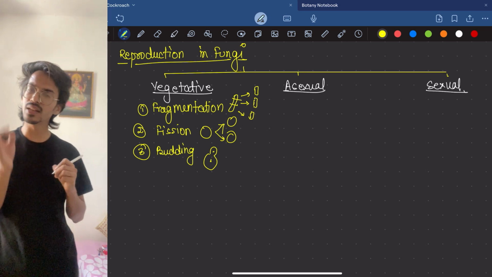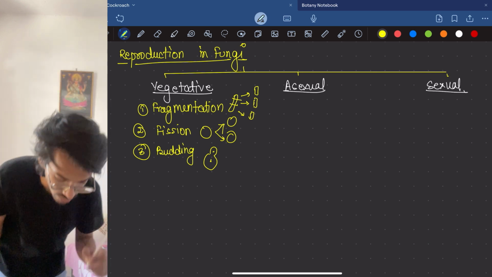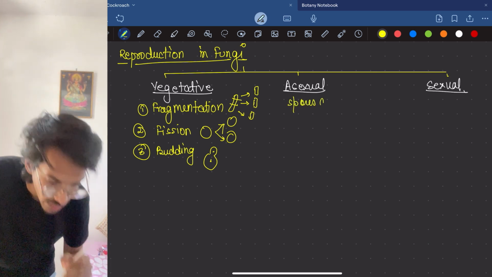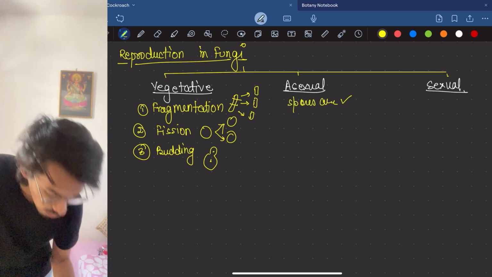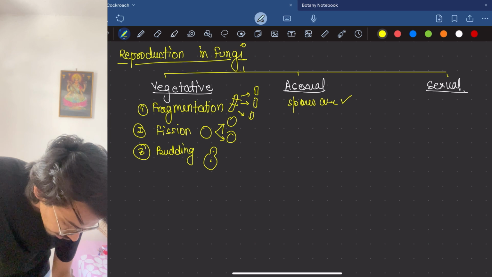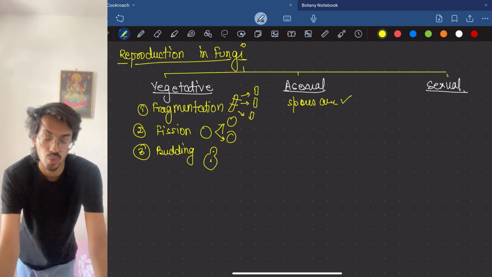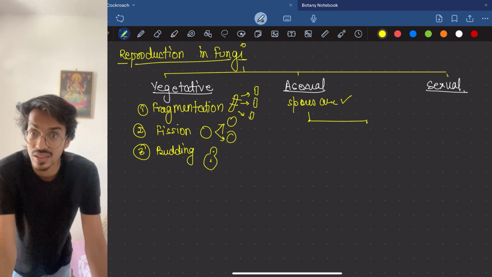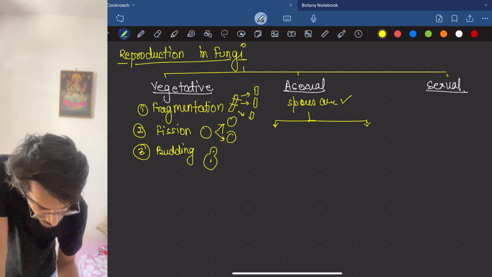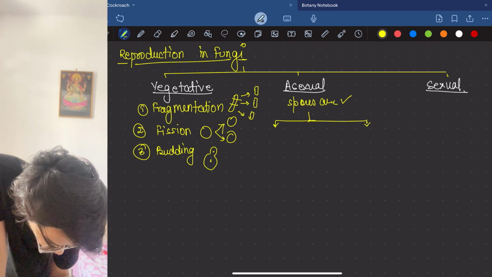Vegetative is completed. Now comes the asexual reproduction. When it comes to asexual reproduction, there is the formation of spores. Spores are formed. Now these spores, three types of spores are there, but we will divide into two major types.